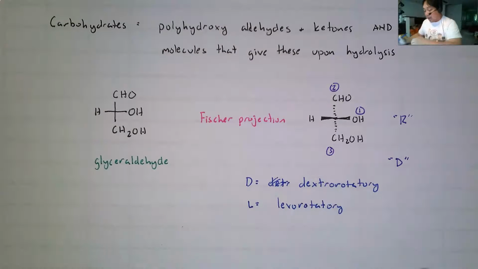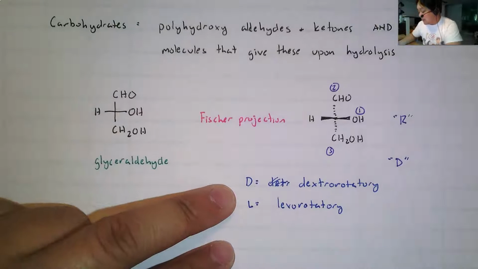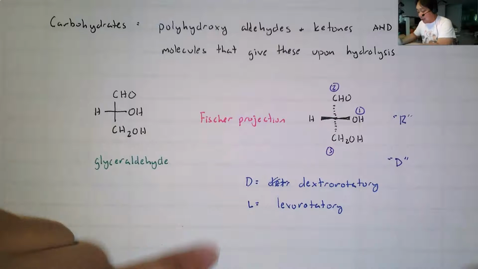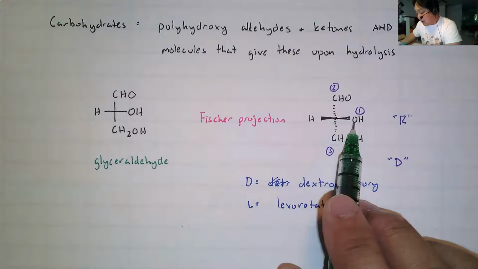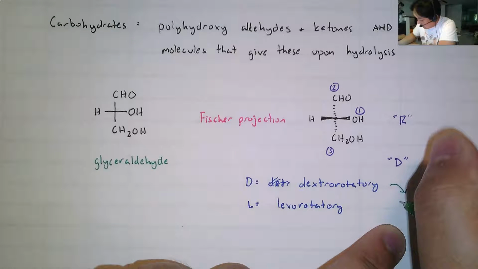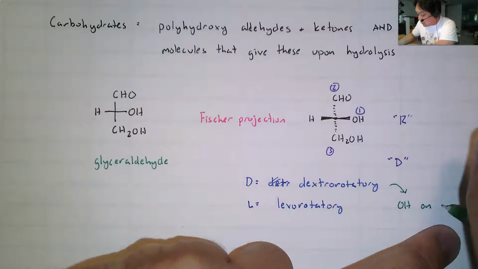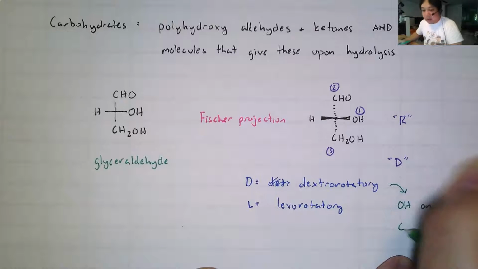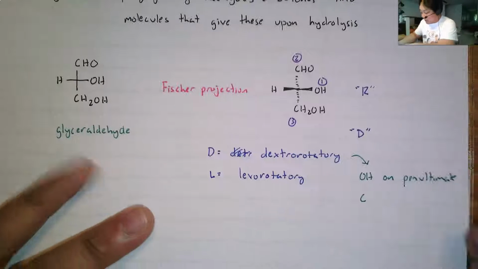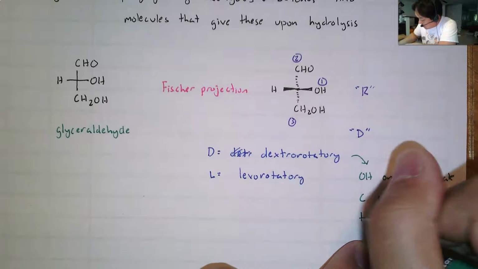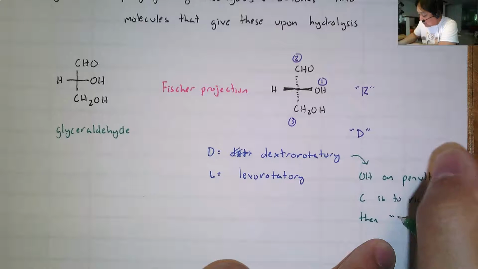This is D, and the way that scientists assign carbohydrates D or L is they look at the hydroxyl group on the second to last carbon. If the OH on, we call that the penultimate carbon, is to the right, then the designation is going to be D.